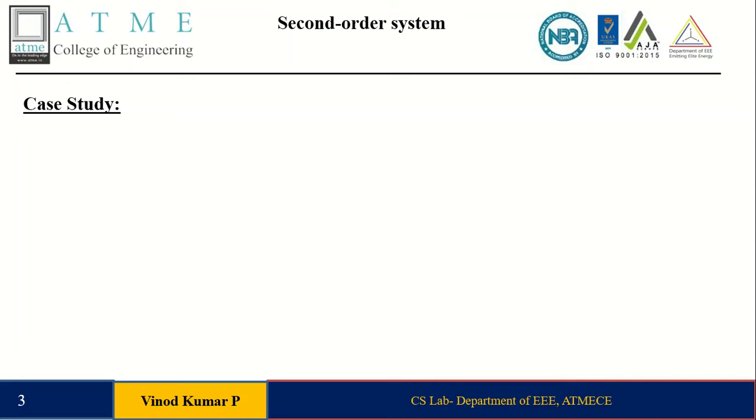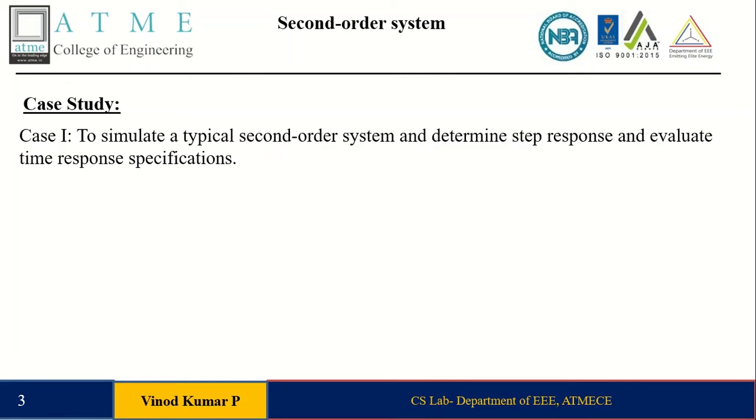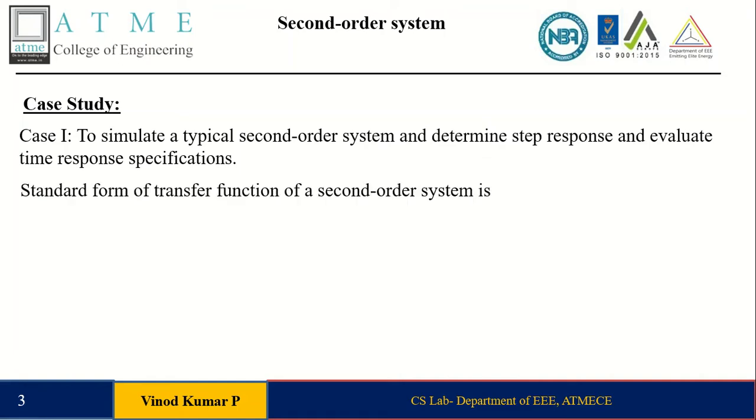In today's case study 1, let us simulate a second order system, determine the step response, and evaluate it with respect to the time specifications of the transfer function. For that we should know the prerequisite knowledge: how the standard form of transfer functions is represented, and what are poles and zeros.